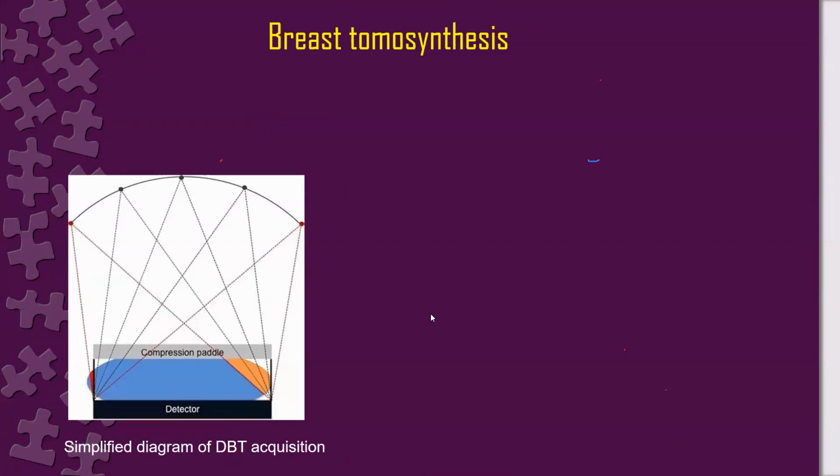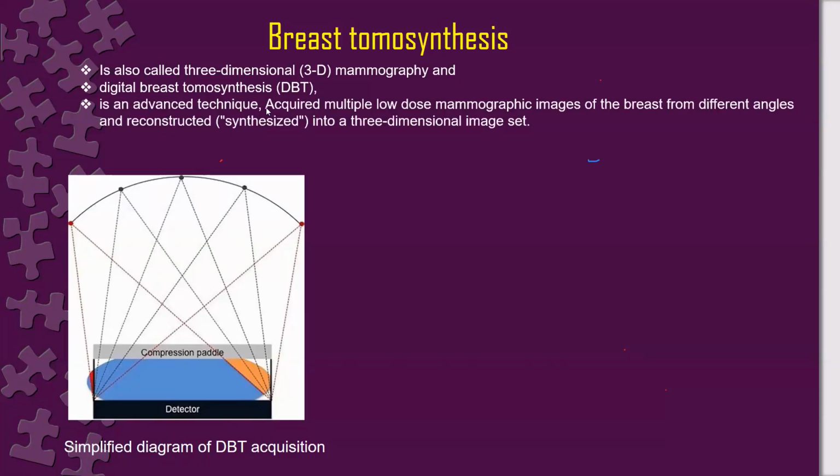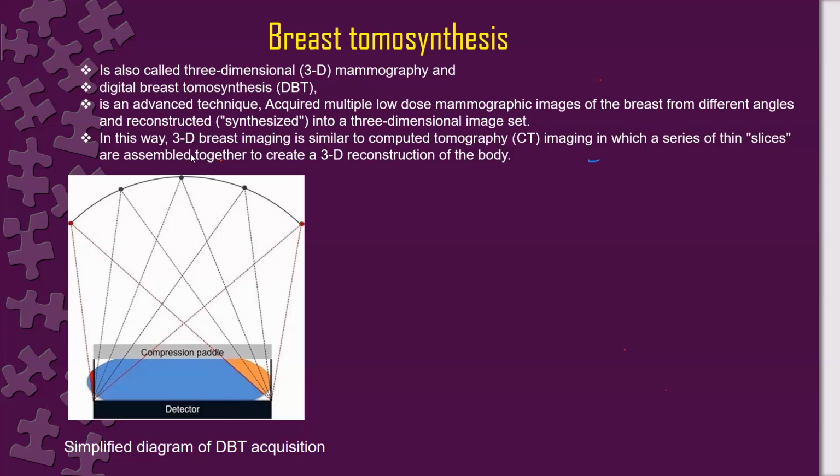Breast tomosynthesis is also called 3D mammography, digital breast tomosynthesis. It is an advanced technique that acquires multiple low-dose mammographic images from different angles, which are reconstructed or synthesized into 3D image sets.